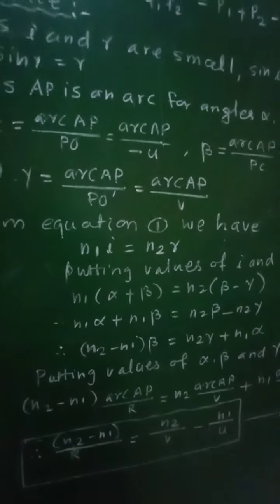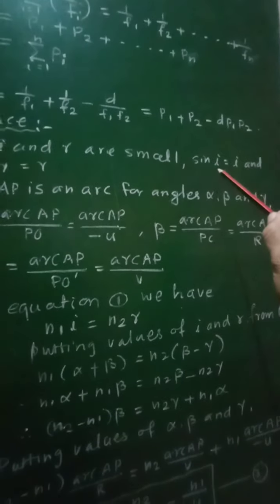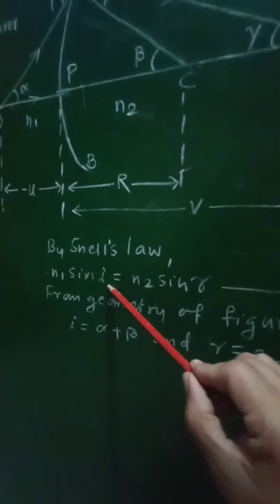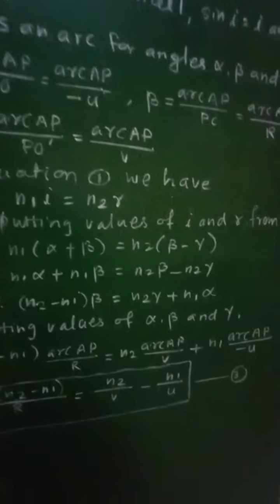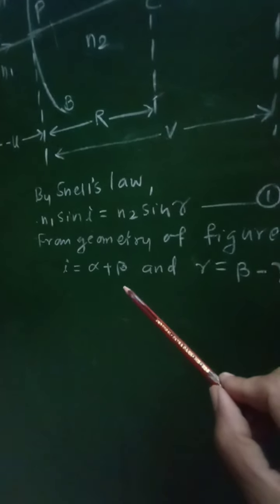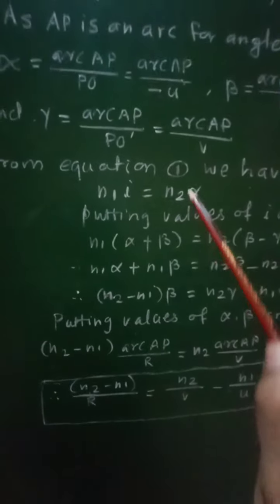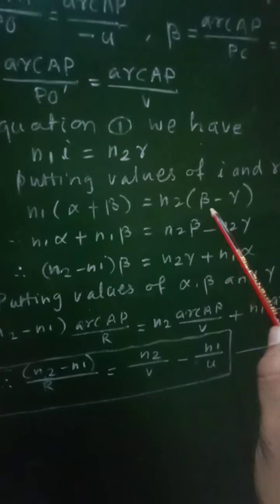Now if you consider equation number 1, we can write n1 I equal to n2 R, because sin I is equal to I and sin R is equal to R. Now putting the values of I and R from equation 2, where I is equal to alpha plus beta and R is equal to beta minus gamma, we can write n1 into (alpha plus beta) equal to n2 into (beta minus gamma).